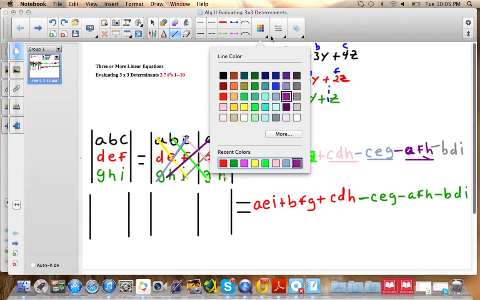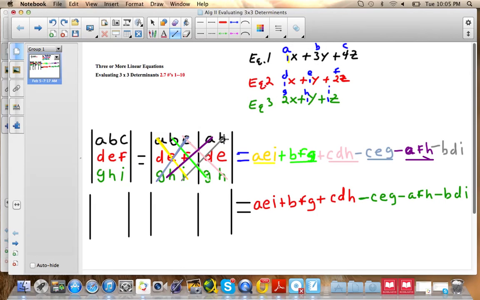And then lastly, I go minus BDI. So you can see that I went AEI plus BFG plus CDH minus CEG minus AFH minus BDI, and that's how I set it up.